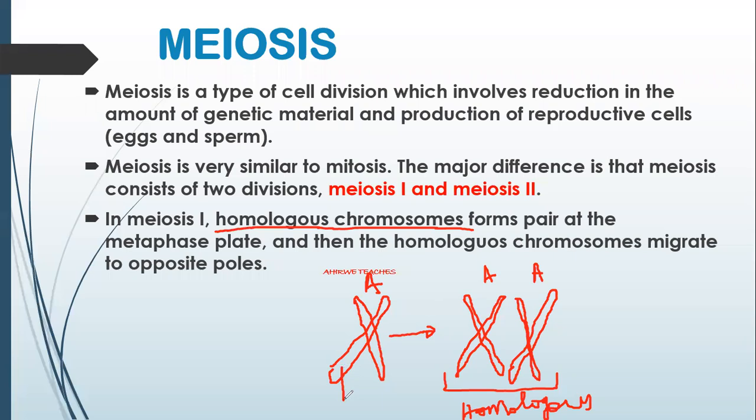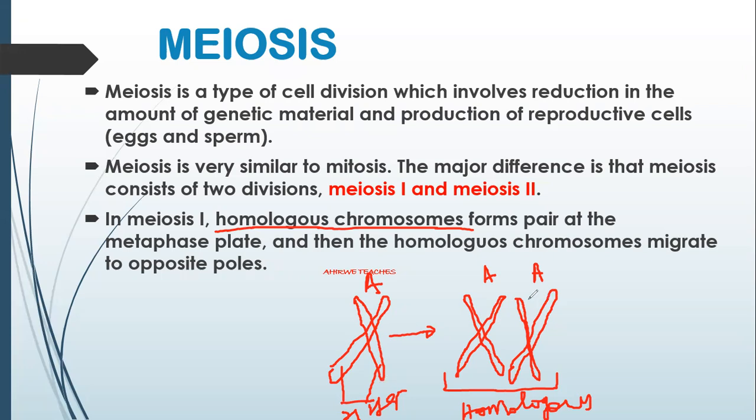Now, these two chromatids, this one and this one, they are referred to as sister chromatids. They are sisters because they are chromatids of the same chromosome. It is going to be important as far as this work is concerned.